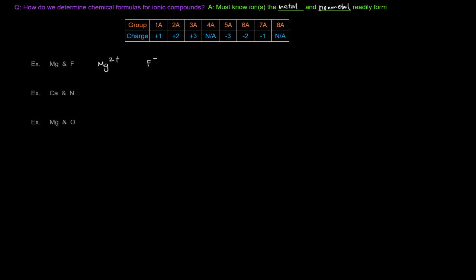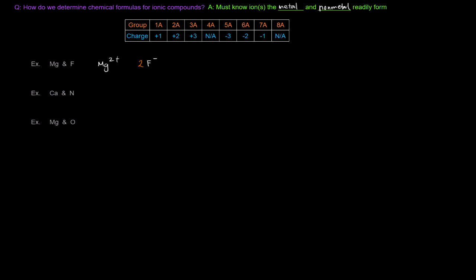I have one magnesium ion with a +2 charge and one fluorine ion with a -1 charge. If I want these to combine to give an overall 0 charge, I need two fluorines, two of these -1 charges.